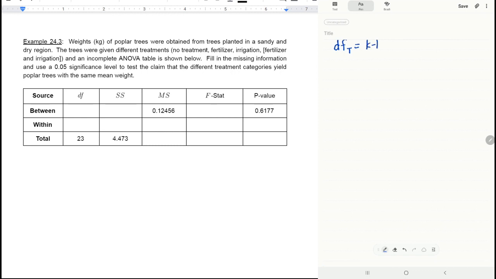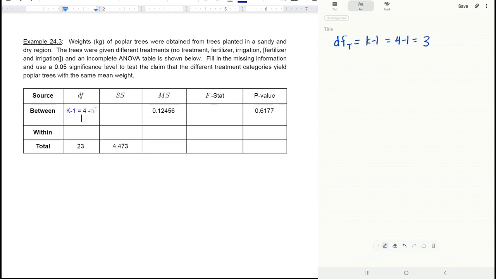Here we're given 4 different treatment groups, which gives us 3 treatment degrees of freedom. So K minus 1, or 4 minus 1, gives us 3 treatment degrees of freedom.